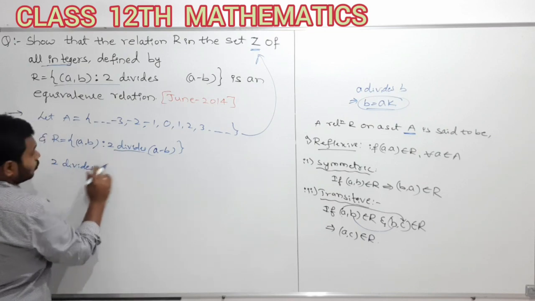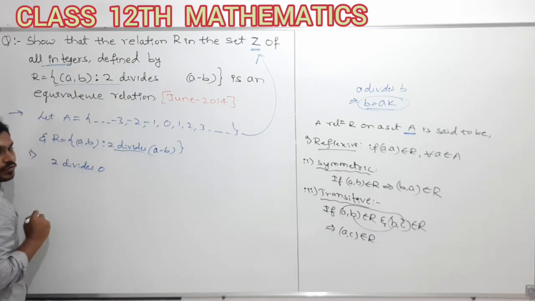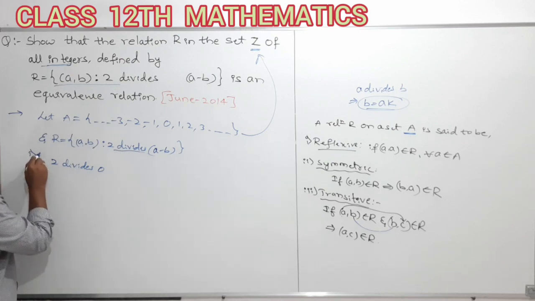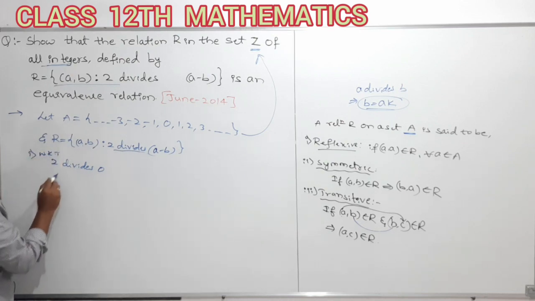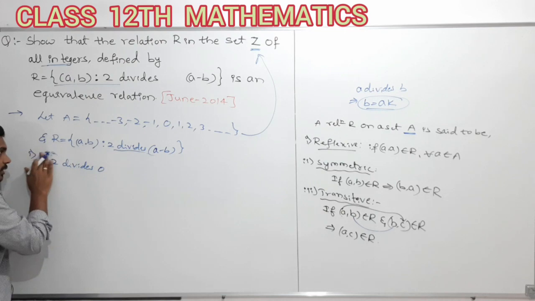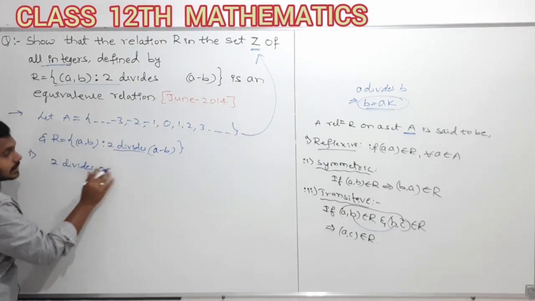So here it is 2 divides 0. Actually I am not writing it here, but we know that 2 divides 0.